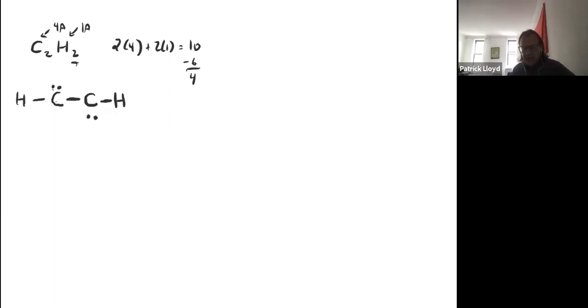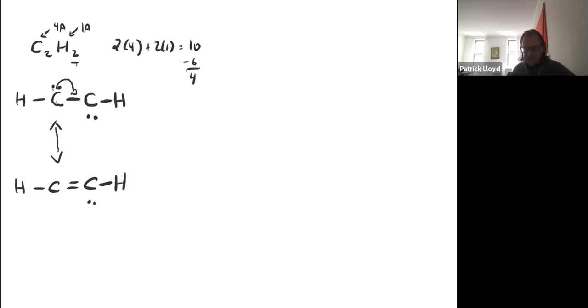Okay, so now we need each carbon to have 8. So I'm going to push a pair over. That's going to give each carbon 6. Let me show you what I mean by that. Let me space this out. Right?